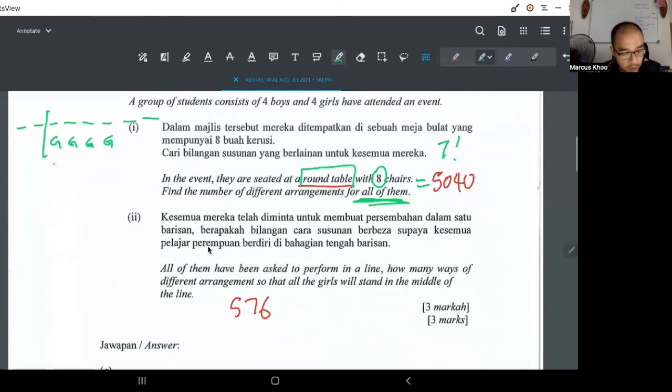So this is one group, which will be 4 factorial. And then the rest will be boy, boy, boy, boy, which is also another 4 factorial. So the working will be 4 factorial times 4 factorial, which will give you 576.